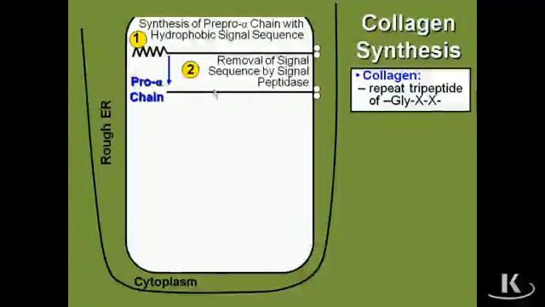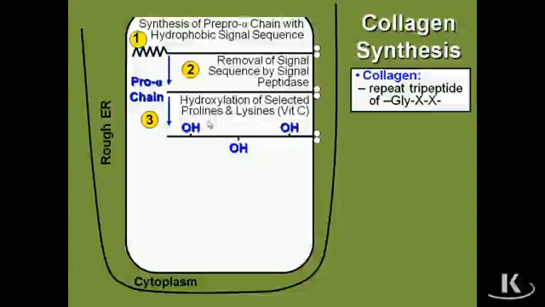Pro-alpha chain of collagen. The next step is a very important one for collagen synthesis, and it's hydroxylation of selected proline and lysine residues. So you now see hydroxyl groups being attached to the pro-alpha chain of collagen. This is a very important step.